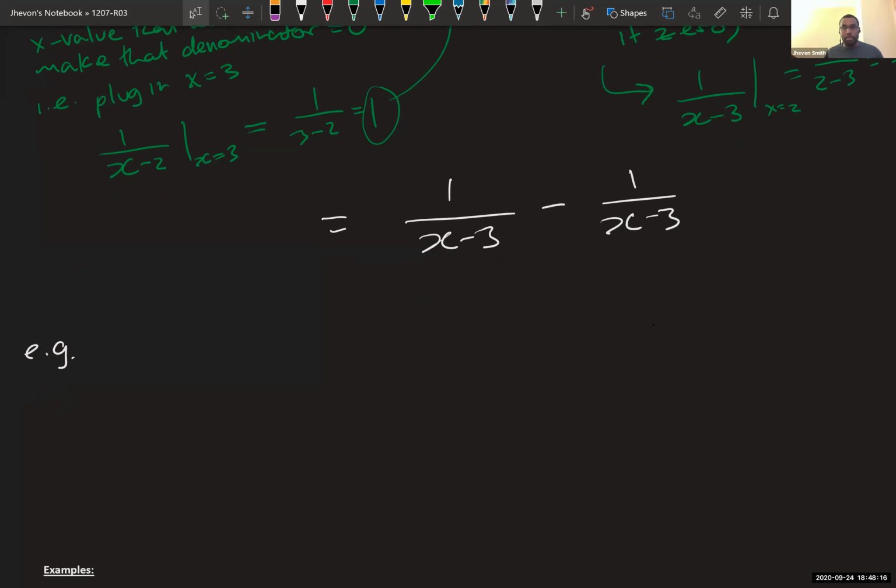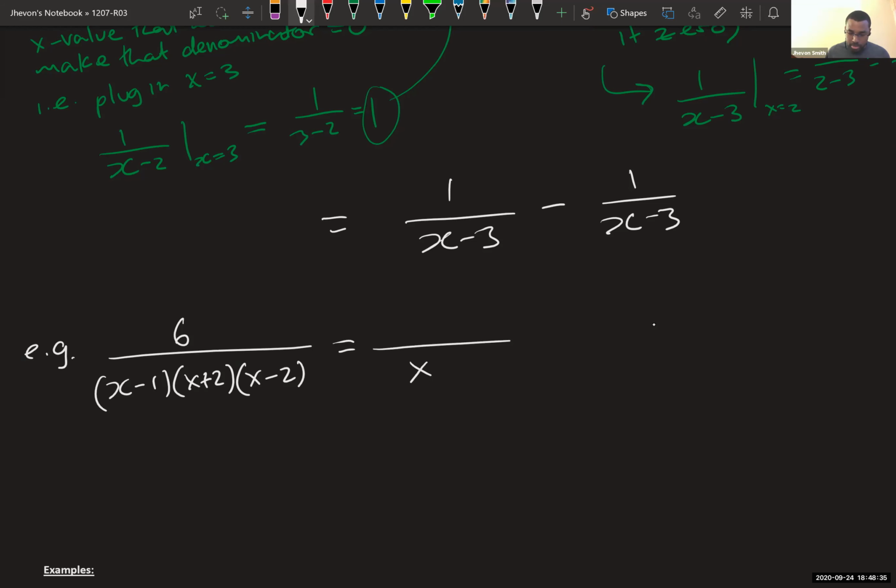So here's another example. Let's say I have 6 over x minus 1 times x plus 2 times x minus 2. I know that this is going to be broken up into x minus 1, x plus 2, x minus 2.